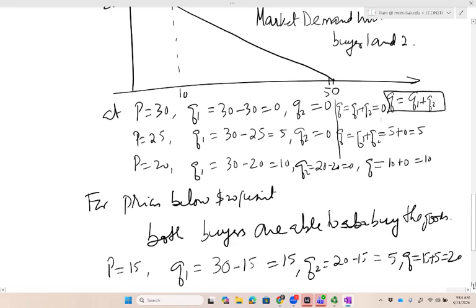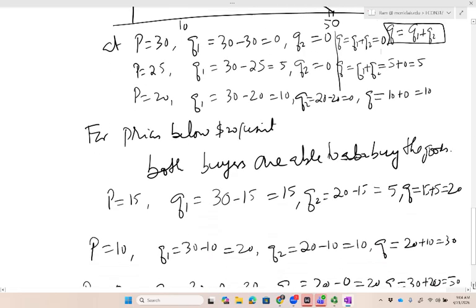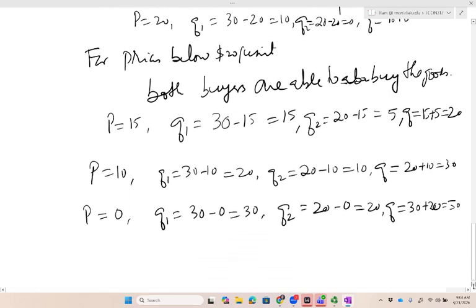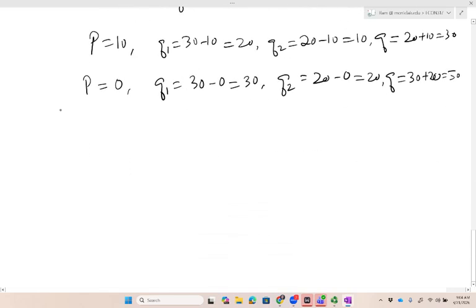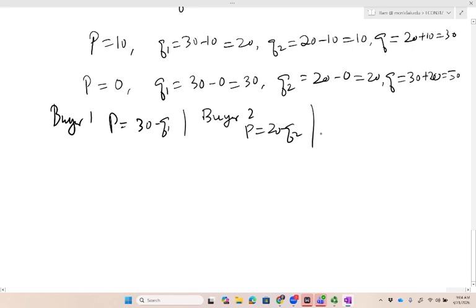I could add one more buyer as we have listed before. And remember, our buyer 1 price was given as 30 minus Q1. Buyer 2 price is given as 20 minus Q2.